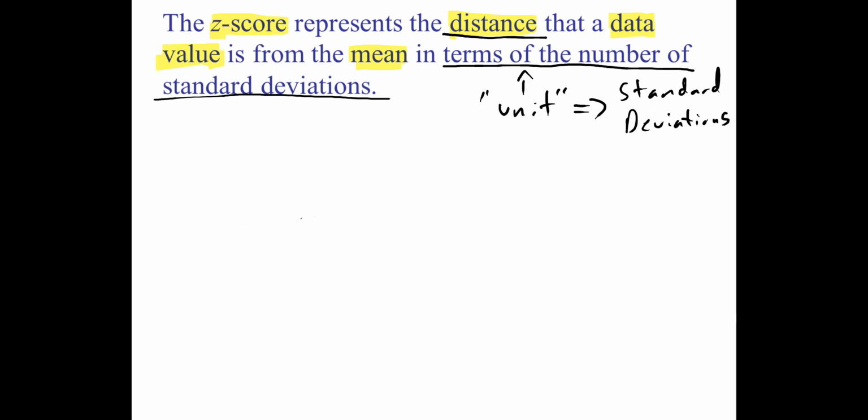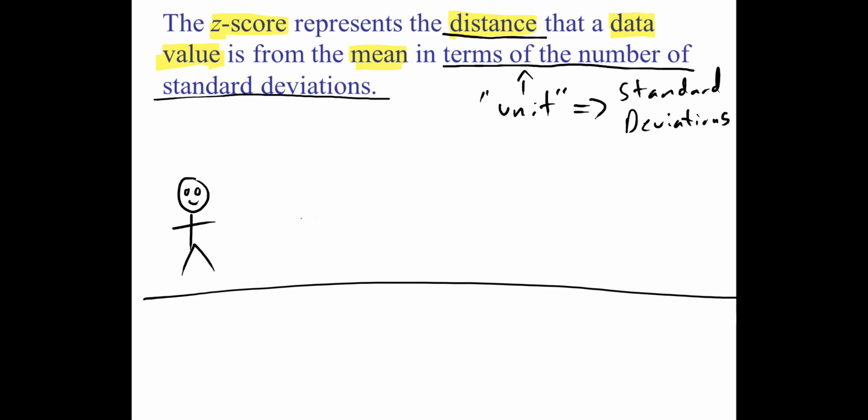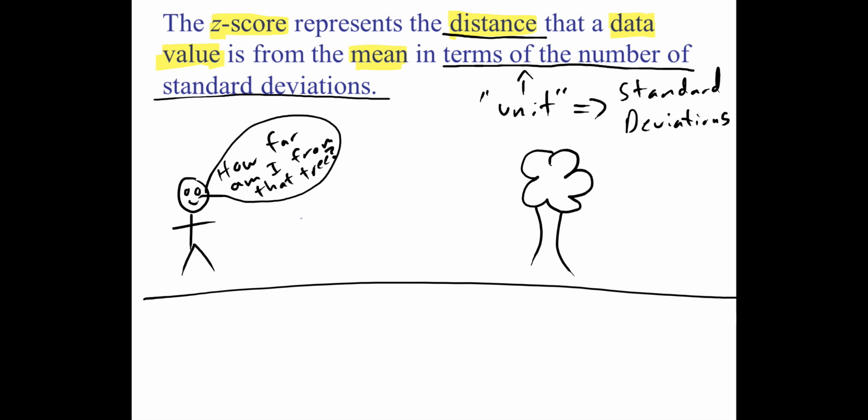So to get a better idea of what we're talking about, let's just look at how we describe distances. Okay, here's me, and here's a tree. And I want to know, how far am I from that tree? Using my fabulous drawing ability here, I don't want to say just that I am 12 from that tree. We never say just 12.